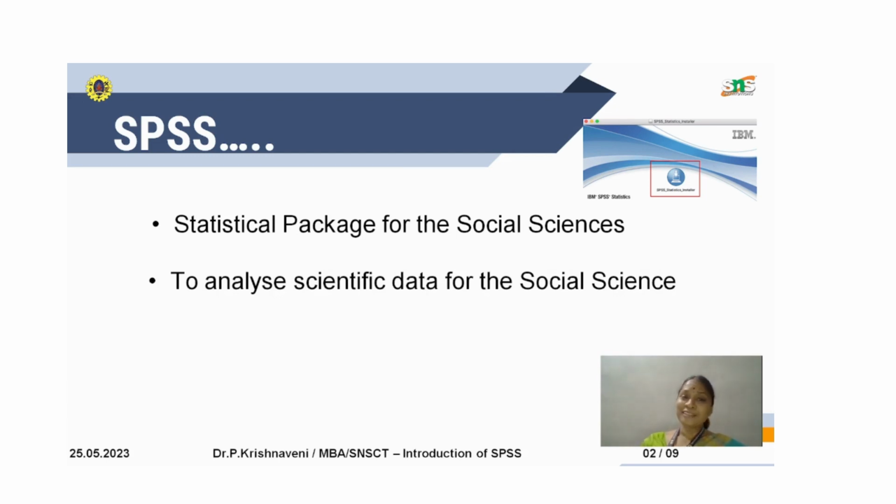To analyze scientific data for the social sciences, this package is wonderful, and we can apply these tools to make research surveys and all the reports which we want to generate out of the data analysis in the social science fields.